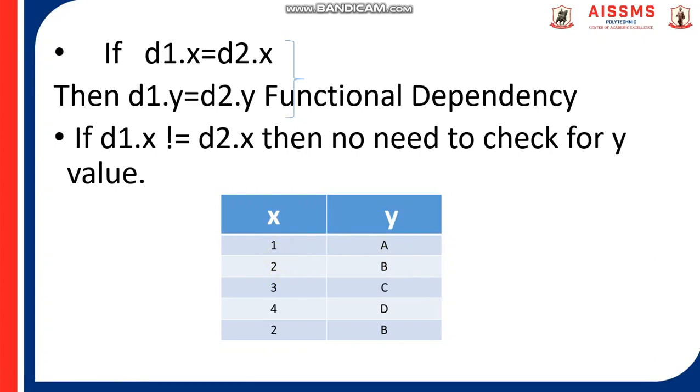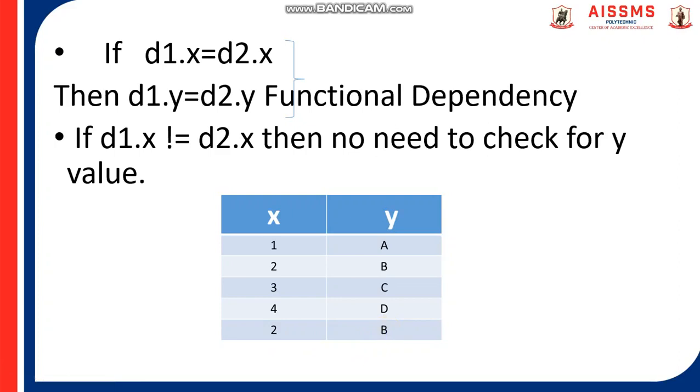But in the case of 2, if I compare this x value 2 and this x value 2, that is the first case, 2 is equal to 2, then go and verify the y value. Then b equals b, and this is a case of functional dependency.